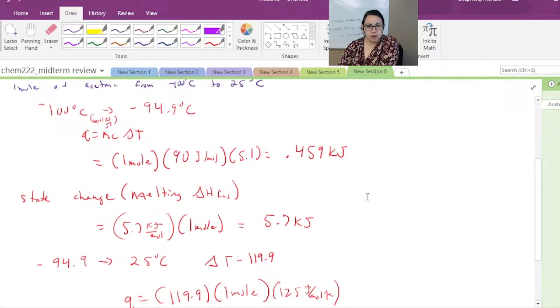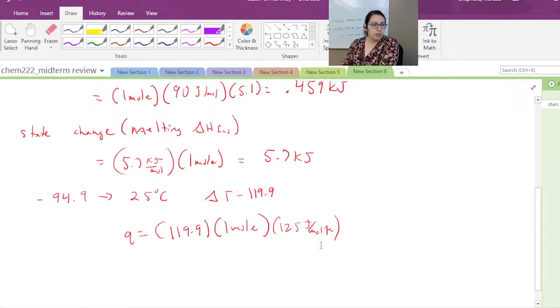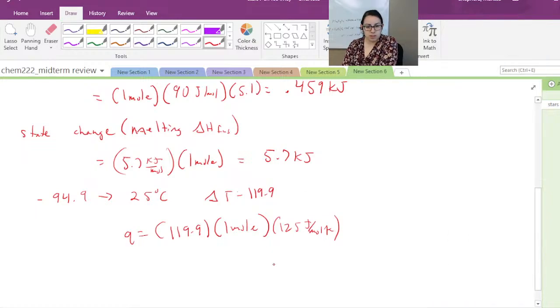I should have put the unit as mole Kelvin, that would be more useful. All right, and do the math. So 119.9 times 125, and then let's put it in kilojoules. So do we get 14.9, or about 15 kilojoules? So 14.99 kilojoules.